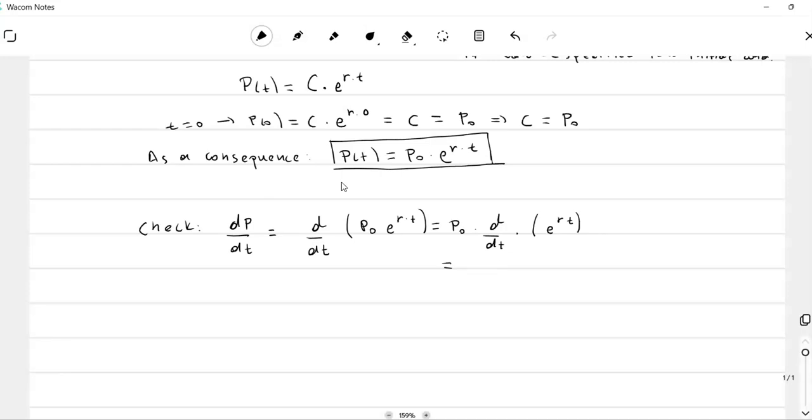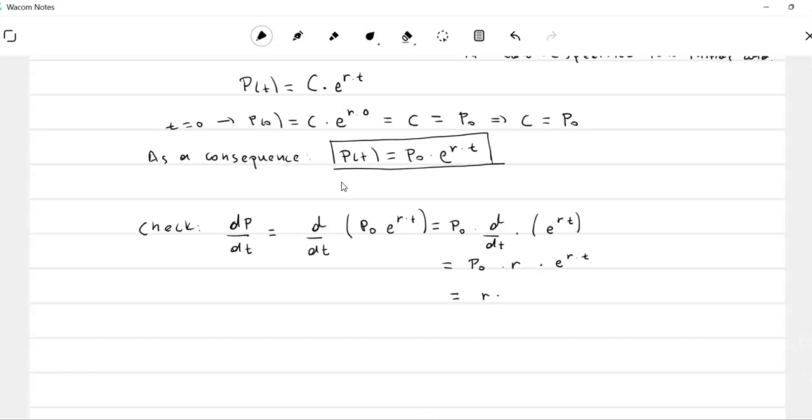So this is p0 times r times e to the power of r times t.